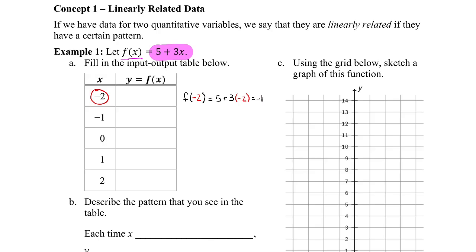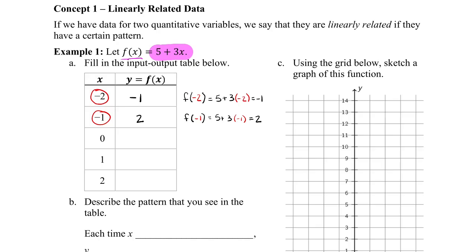So when x is negative 2, f of x is negative 1. Next, when x is negative 1, we can take f of negative 1. That's going to be 5 plus 3 times negative 1. And again, throwing that into the calculator, we get that that's 2.